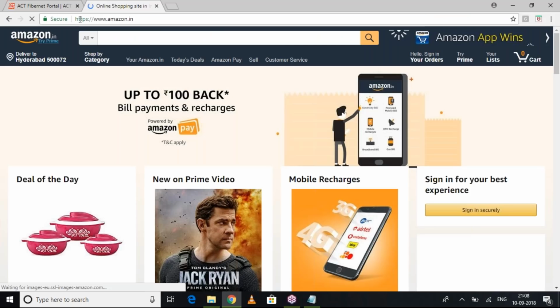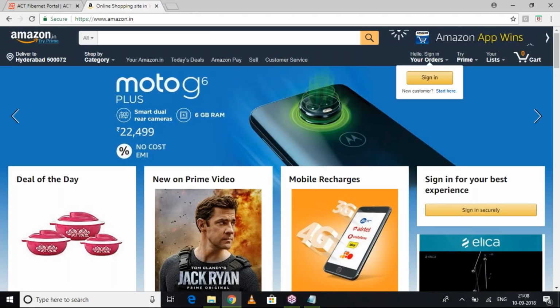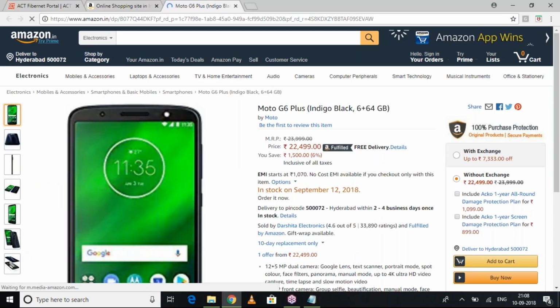Then I can see the interface page. I want to know about this Moto G6 Plus. It's a product available under the business.